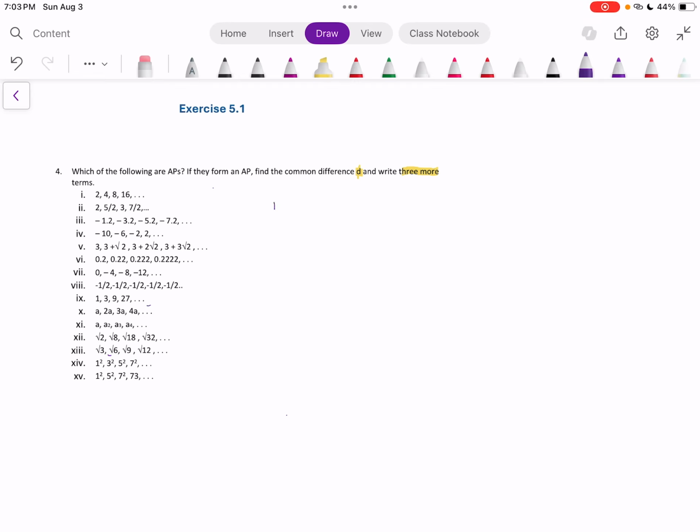Third. D is going to be negative 3.2 minus negative 1.2, which is negative 3.2 plus 1.2. This is going to be 2.